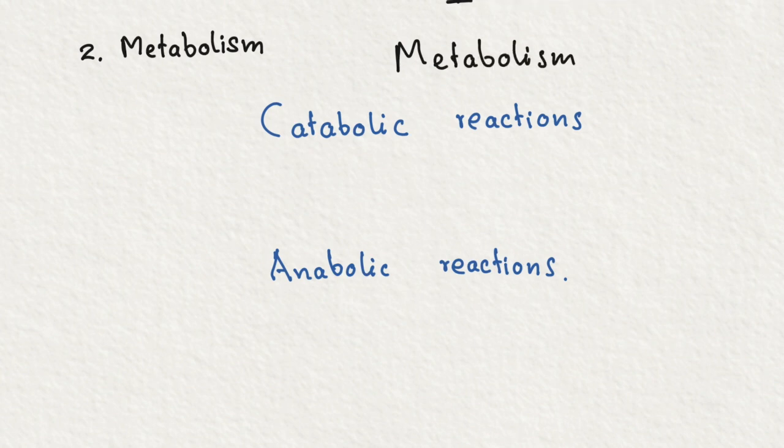The catabolic reactions are the breaking down reactions. For example, AB is broken down to A and B. Then the anabolic reactions are the synthesizing reactions. For example, A and B react to form AB. So all these kinds of chemical reactions are metabolic reactions.